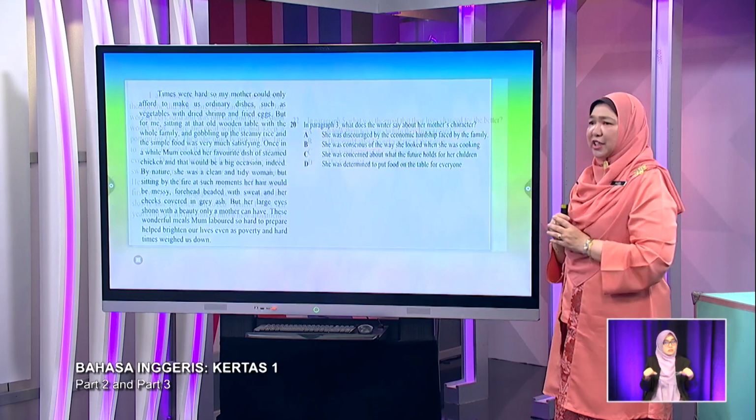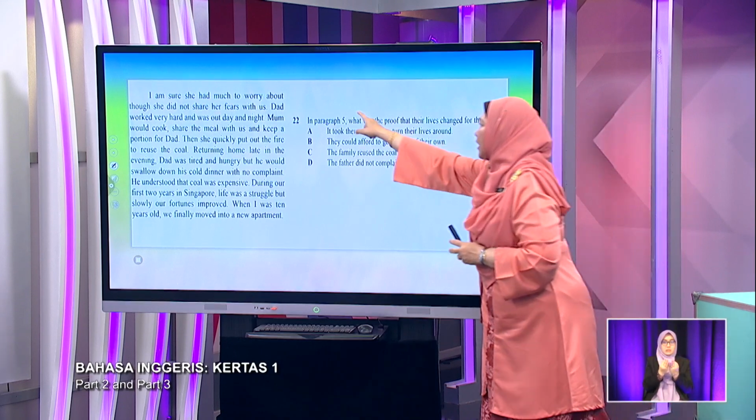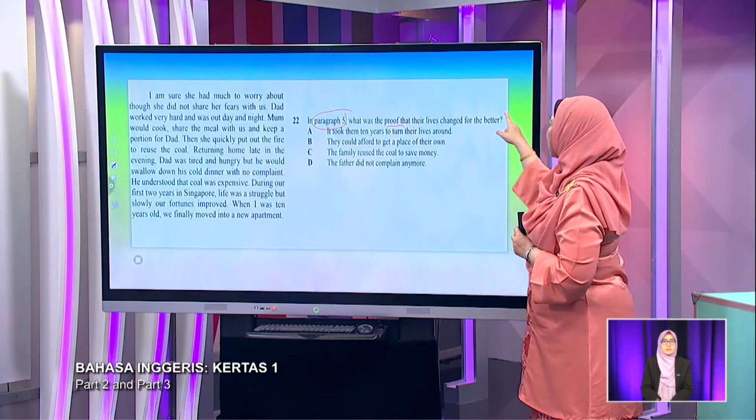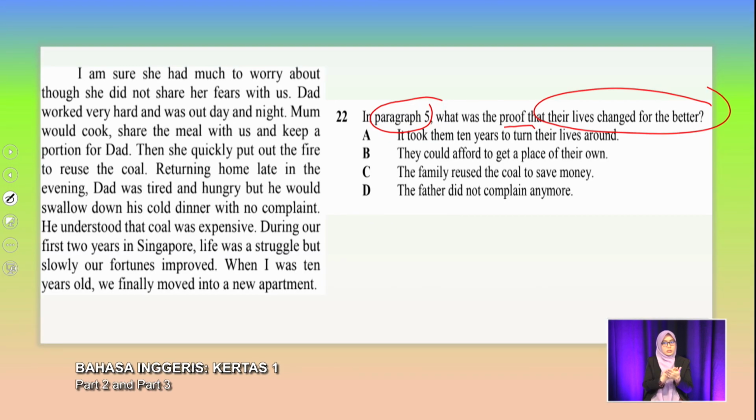So next question. Here is paragraph 5. What was the proof that their life changed for the better? This is the paragraph. The father worked hard day and night. The mom would cook meals, clean the house and do all the household chores. It took them 10 years to turn their life around.